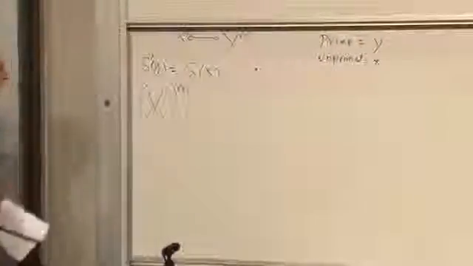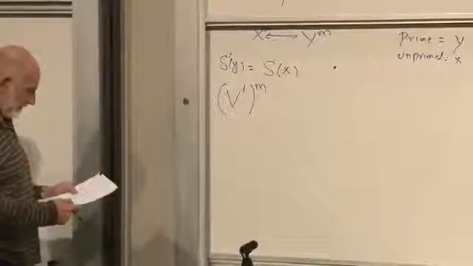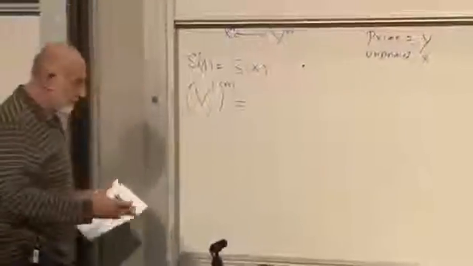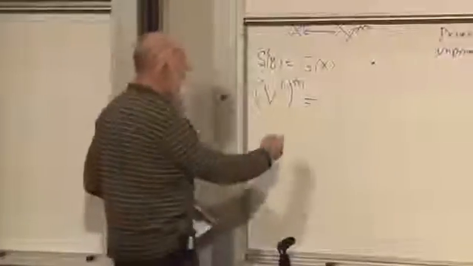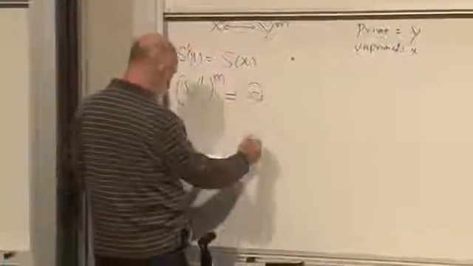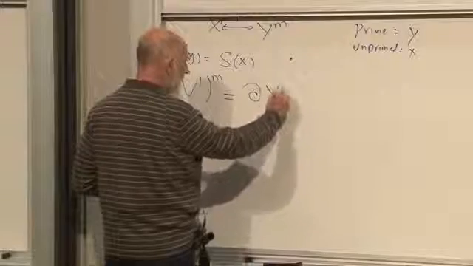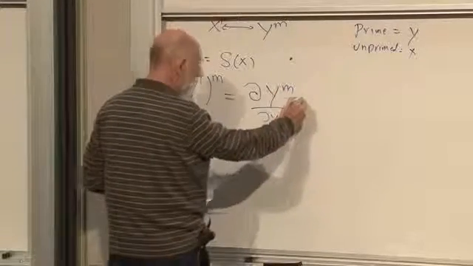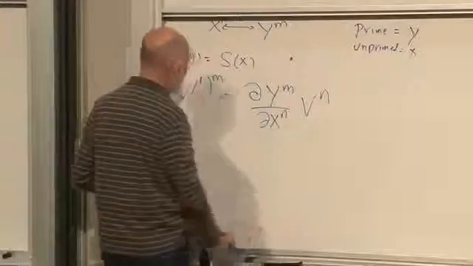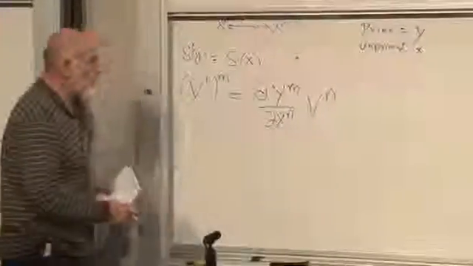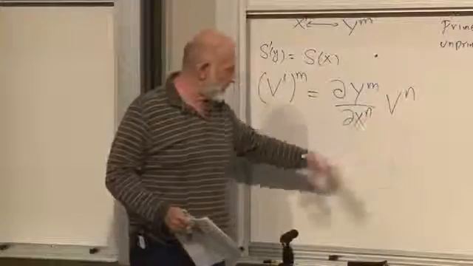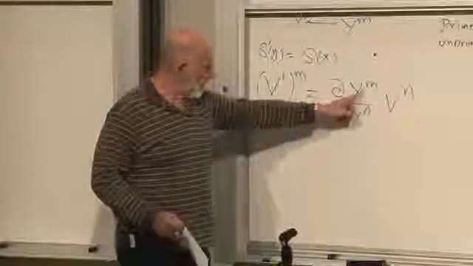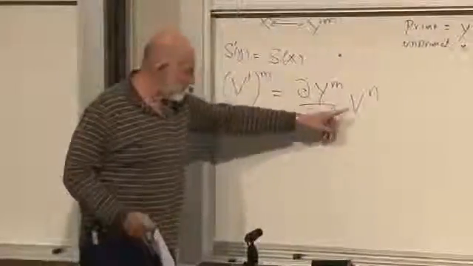All right, v in the primed coordinates. I'm basically reviewing what we said last time: it is given in terms of the unprimed coordinates by dy^m/dx^n v^n. This is the object in the unprimed coordinates, in other words the x coordinates, and it's gotten by multiplying dy/dx times v.